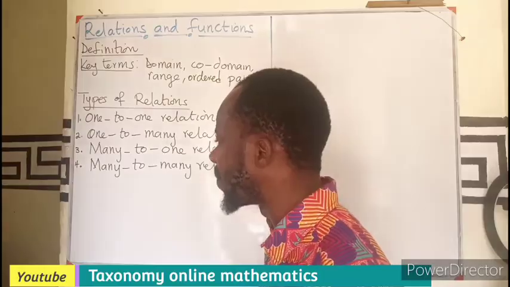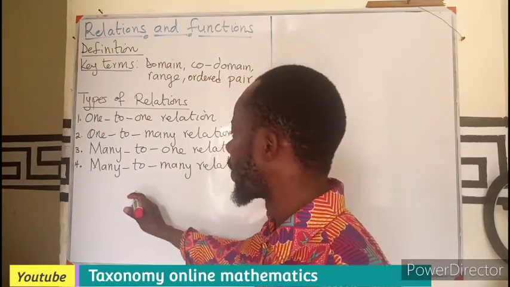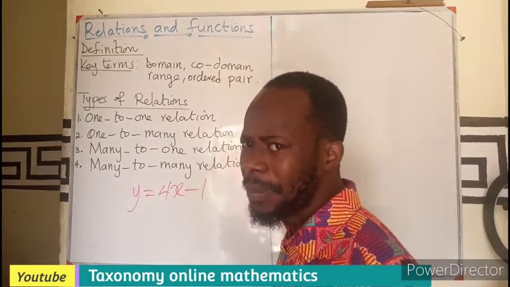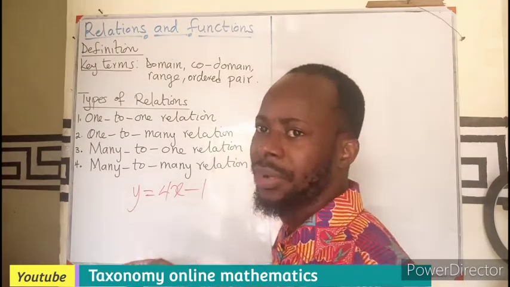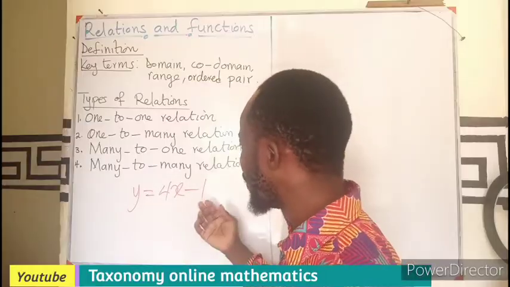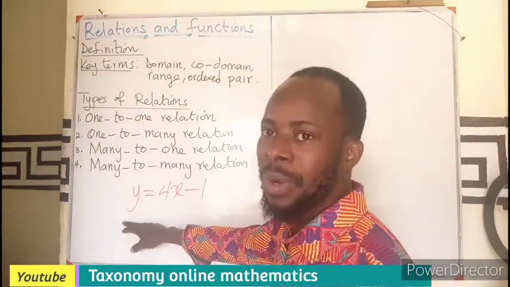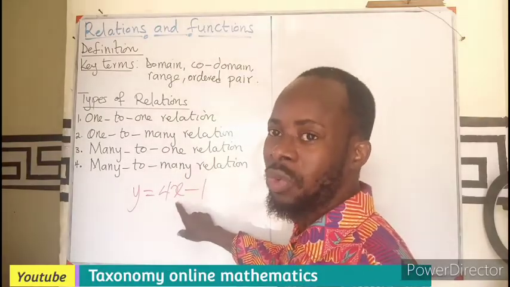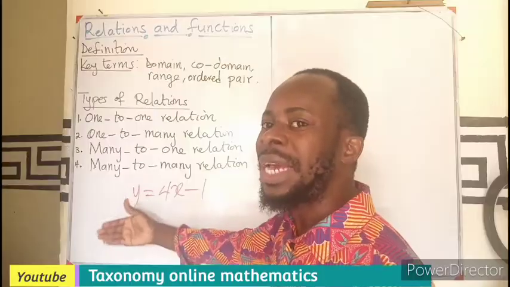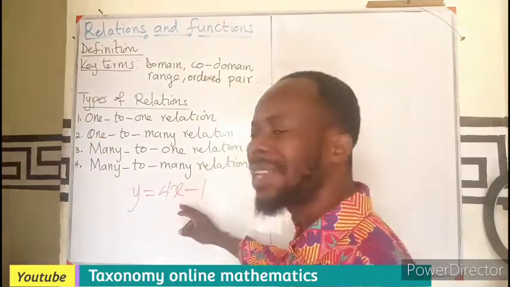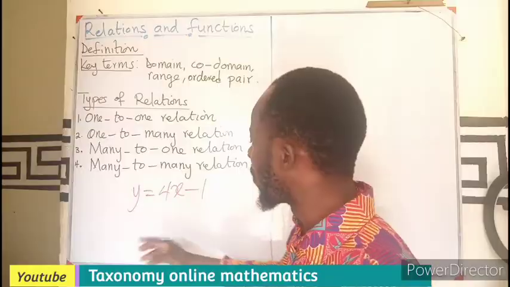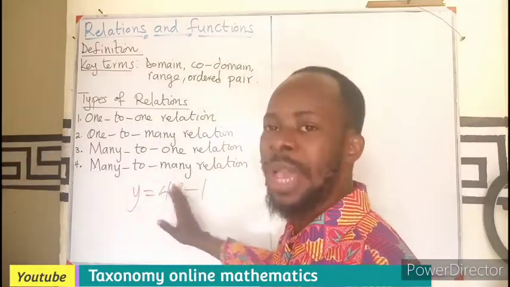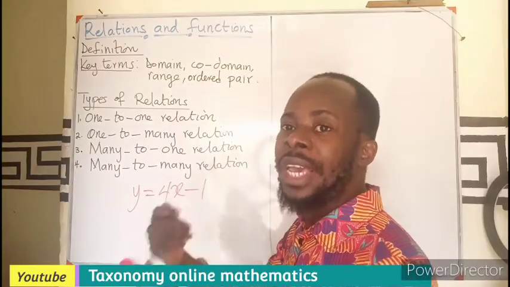If I have a relation such as y equals 4x minus 1, this equation relates two quantities, x and y, where the value of y depends on the value of x. So y is the dependent variable and x is the independent variable, because the value of x does not depend on y, but that of y depends on x to be able to find its value.